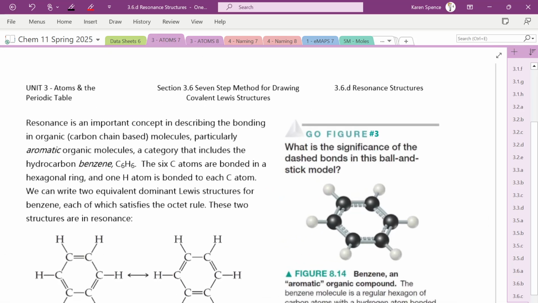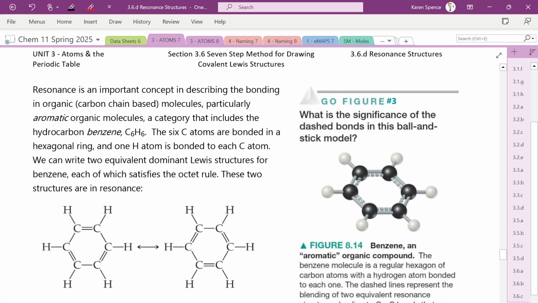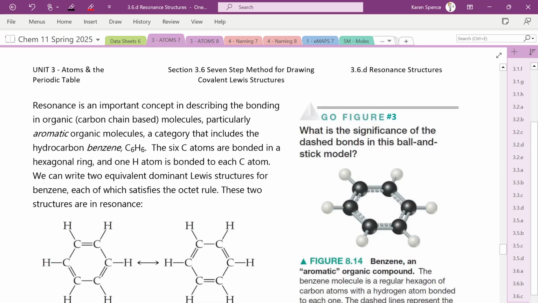Let's take a look at benzene because benzene is important chemically. Okay? This is page 122.